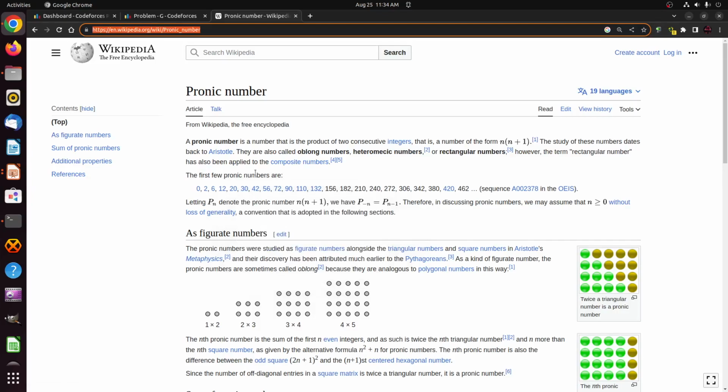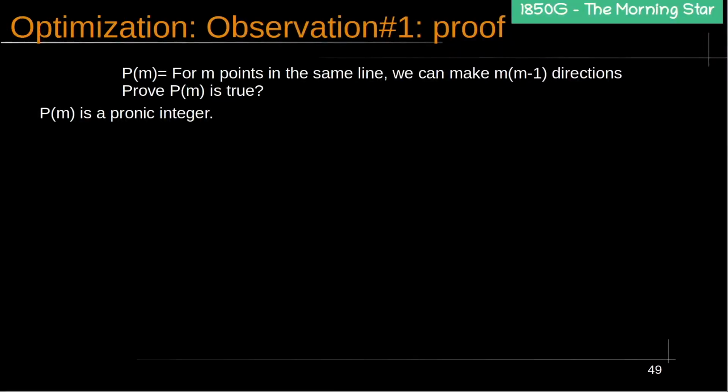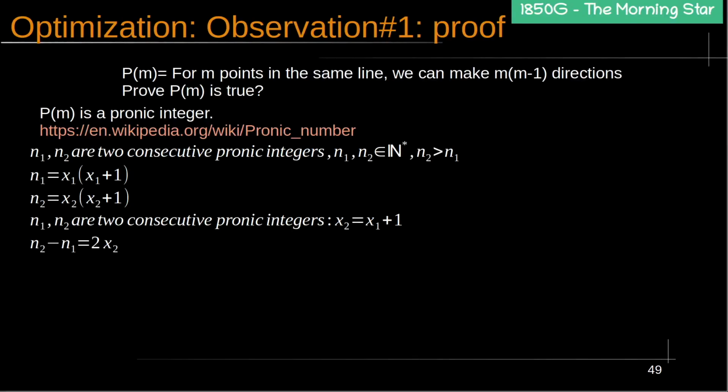So in general, we can say that if a number n is Pronic, n is equal to x times x plus 1, the product of two consecutive integers. So we have n1 and n2, two consecutive Pronic integers, and n1 and n2 are integers, of course, and n2 is greater than n1.